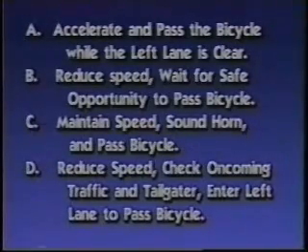B. Reduce speed and wait for a safe opportunity to pass the bicycle. C. Maintain speed, sound horn, and pass the bicycle. D. Reduce speed, check oncoming traffic and the tailgater, enter left lane to pass the bicycle.